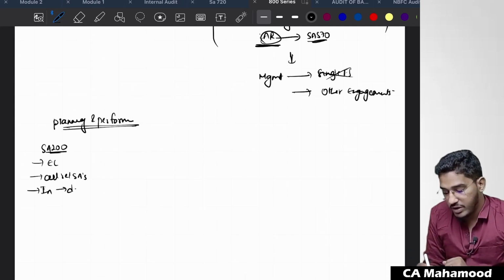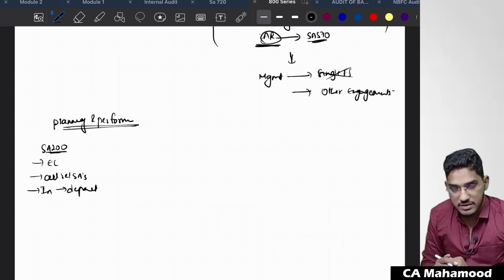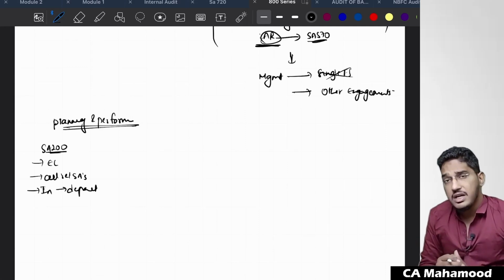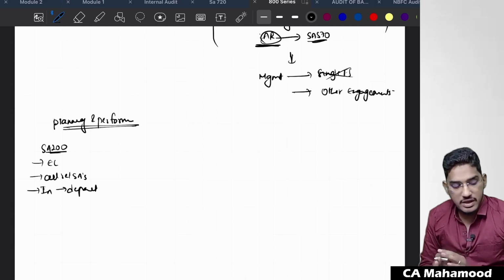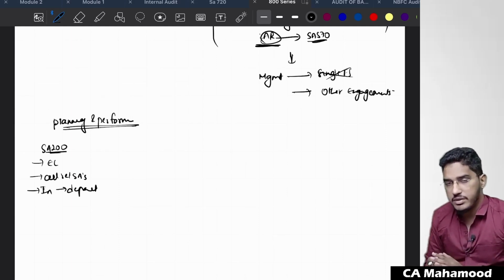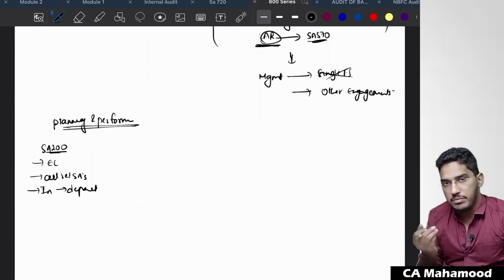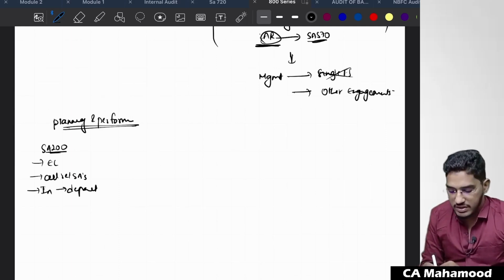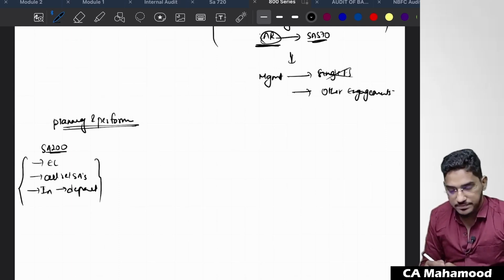Yes, in some cases, you are required to depart in extreme circumstances. Sometimes some standards might not be applicable at all, then you can simply ignore those standards. For example, if your client does not have any related party, then SA 550 will not become applicable. You can ignore SA 550 and comply with the remaining standards. So these are the requirements of SA 220.